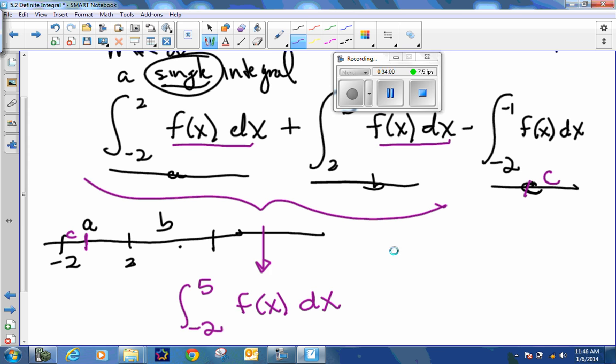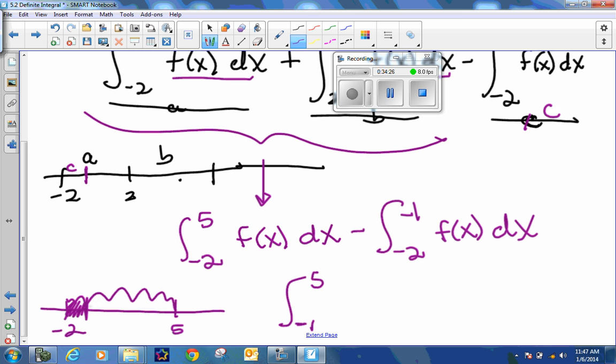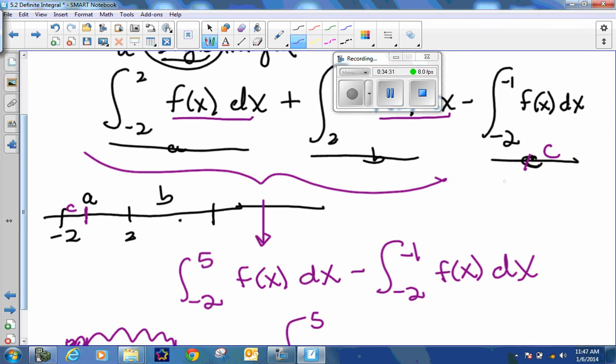And then we need to take this away. If we're going to subtract the integral from -2 to -1 of f of x dx, that means we've got -2 to 5 covered, but then we want to take this area away, which means we'd only go from -1 to 5, because we took -2 to -1 out of here.